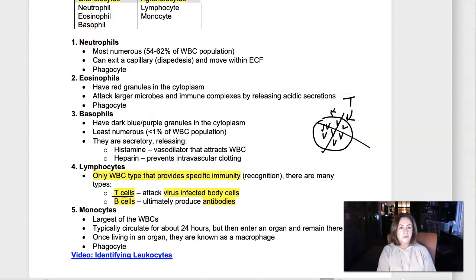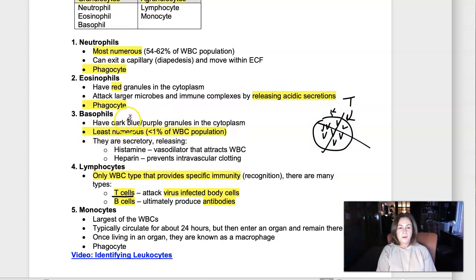The neutrophils are the most numerous, and they can be in the blood, they can leave the blood, go to an area where they're needed, and they're general phagocytes. The eosinophils have the red granules. They usually attack by releasing acidic secretions. They're also phagocytic cells. The basophils are least numerous.